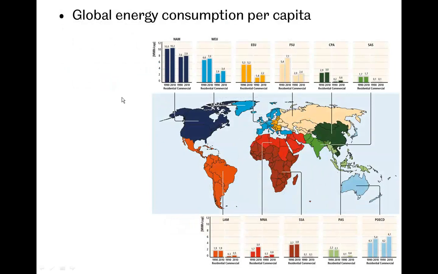And this is looking at the global energy consumption per capita across the world, and not surprisingly, North America is using more energy per person, with parts of Asia, China, using much lower rates of energy per person. So there's a kind of global inequality there.